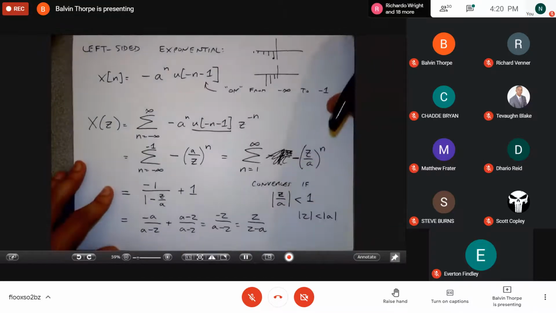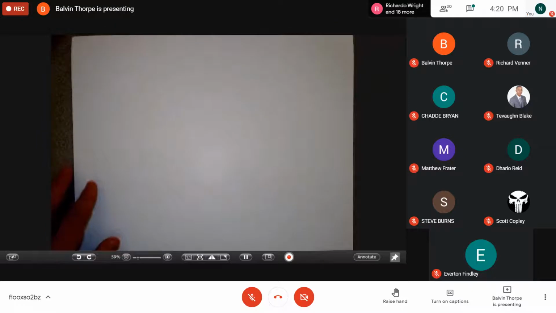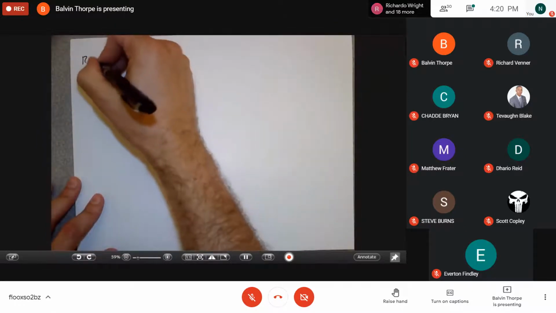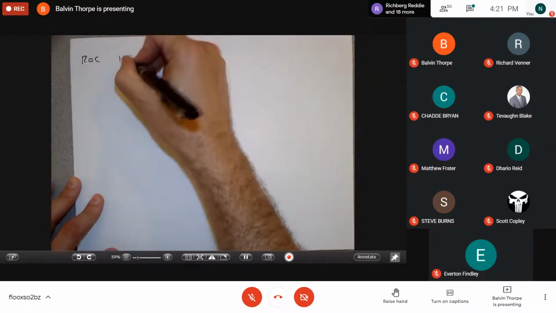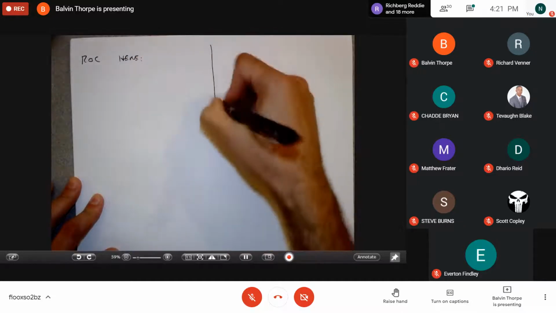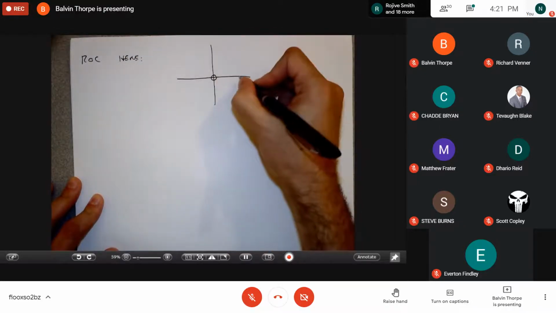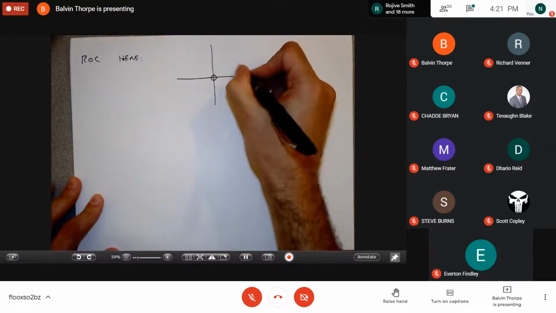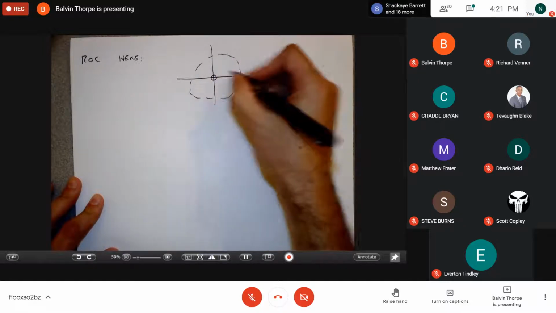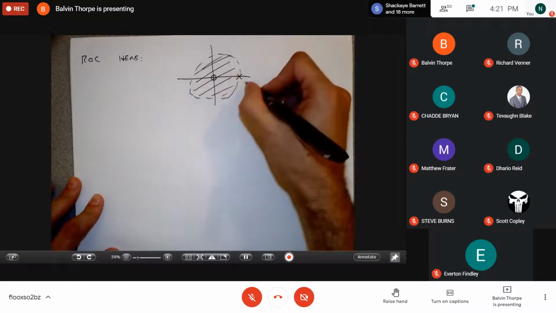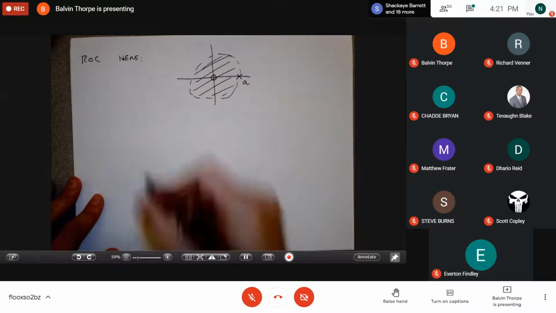And so, basically, the ROC here looks like, again, I have a 0 and a pole, and this time the ROC is inside the circle.